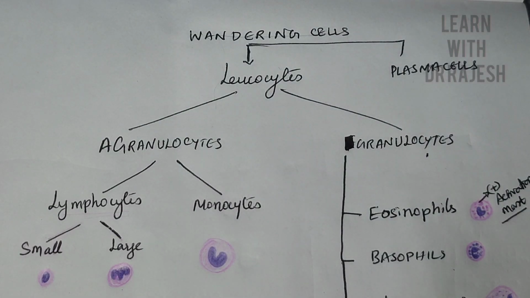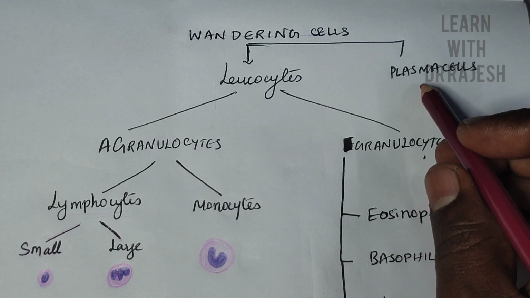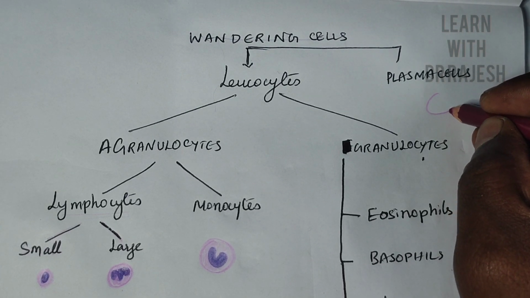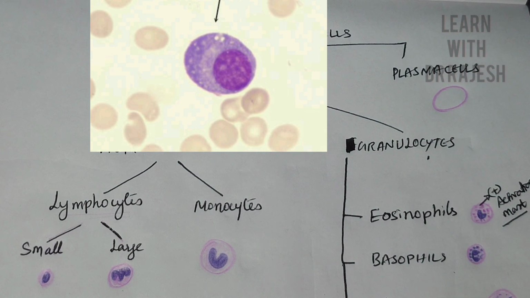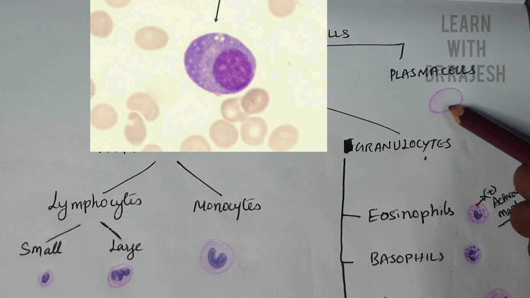At last, let's see how to draw the plasma cells. Plasma cells are matured B lymphocytes. They produce antibodies. They are somewhat oval shaped cells with a peripherally placed nucleus. Before that, let us shade the cytoplasm.